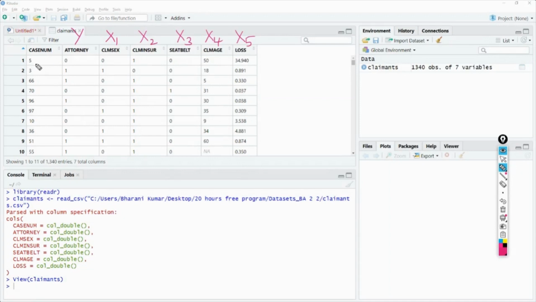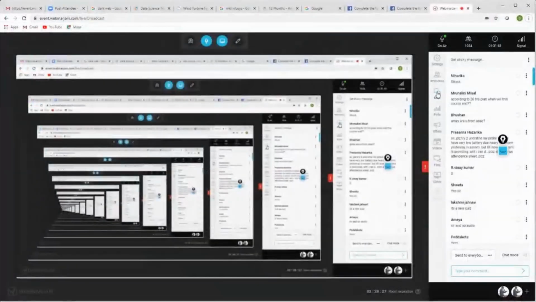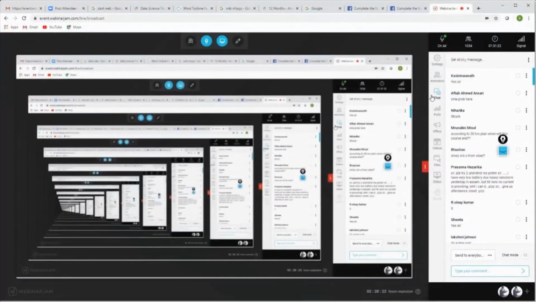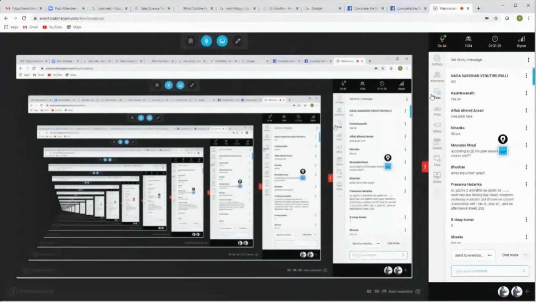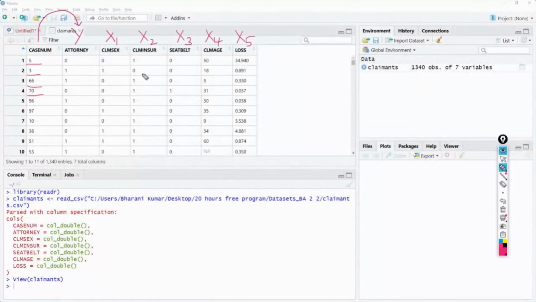Tell me one thing. Do you think your insurance policy number, or when you meet with an accident and you claim insurance, that application number would determine whether you'll hire an attorney or not? Do you think these numbers matter? Application ID numbers, do you think those matter? What do you think, friends? Please respond over the chat window. Matter or doesn't matter? No. How does it matter?